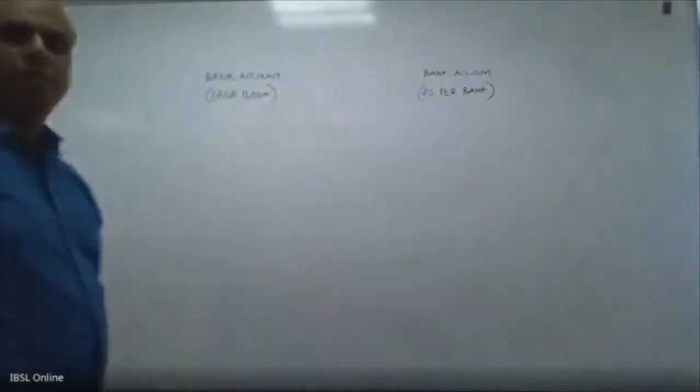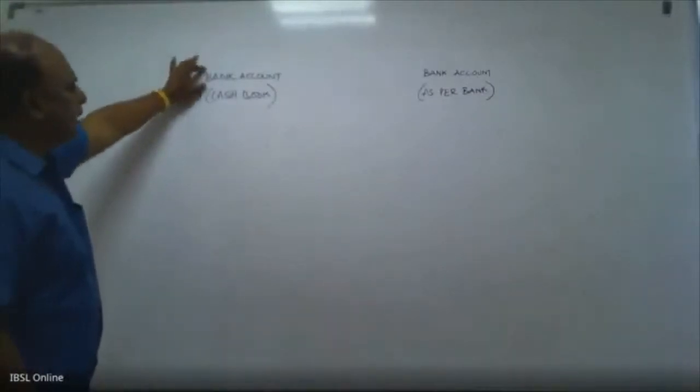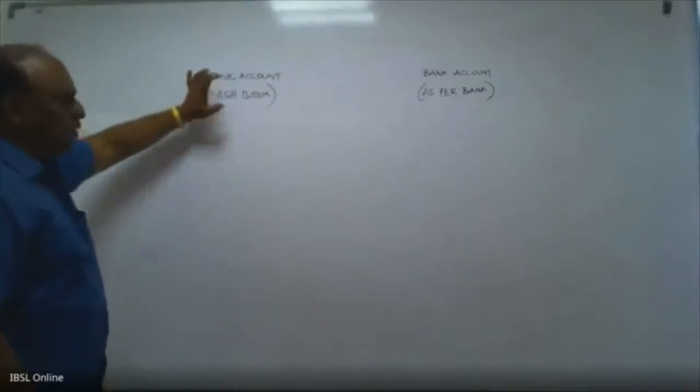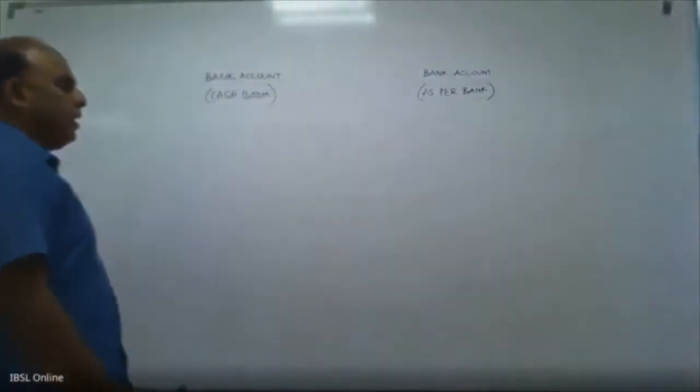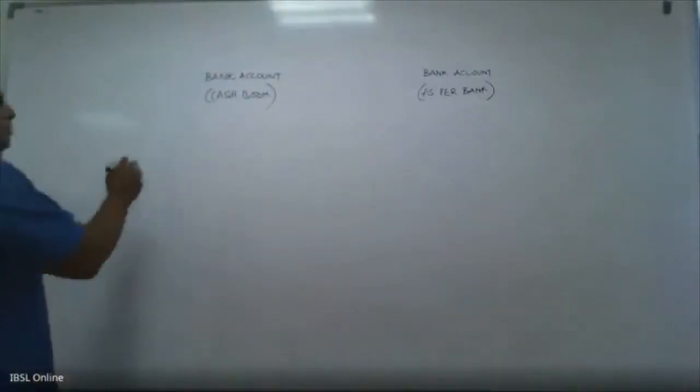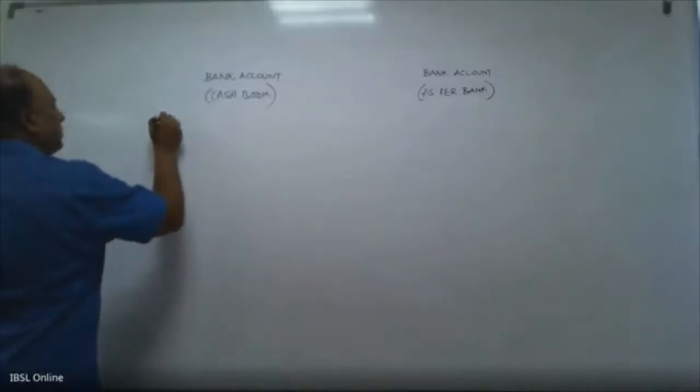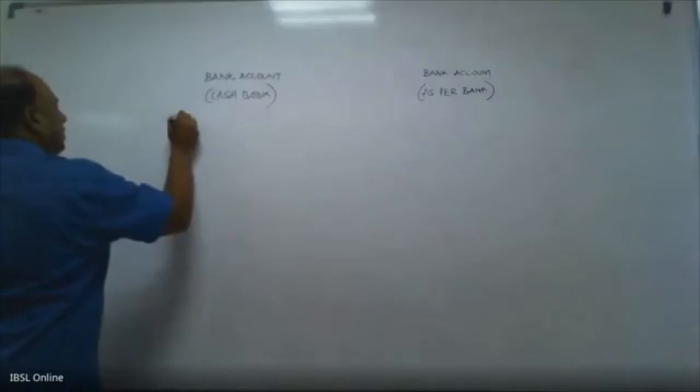Right. Now, I am looking at the two sources. The bank account as per the cash book, the bank account as per the bank. Okay. So let's assume at the beginning of January, 1st of Jan 2021.